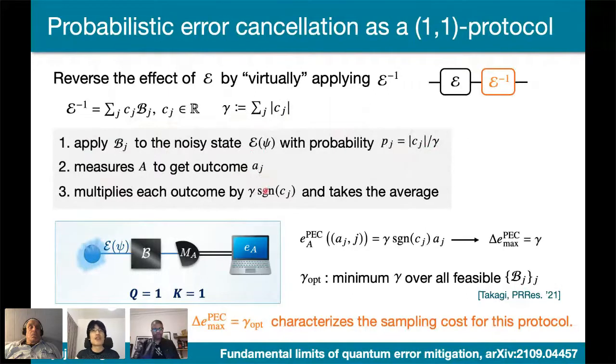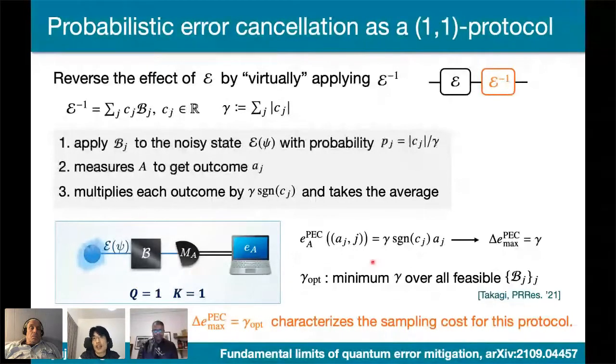Then at the end, you multiply each outcome by the gamma factor and also the sign of the coefficient Cj. If Cj is, for instance, a negative number, the sign is -1, and otherwise it's +1. And I take the average by running this protocol many times. So this is our picture of the probabilistic cancellation.